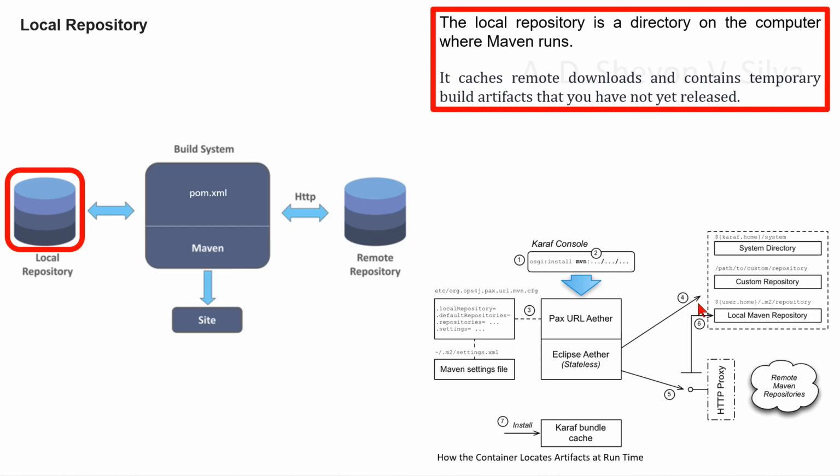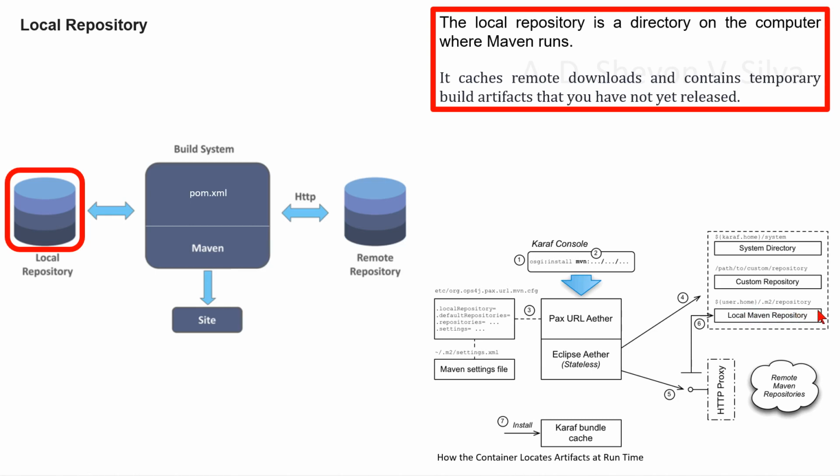Step 4. InstallDir/system, the JBoss Fuse system directory, which contains all the Maven artifacts that are bundled with the JBoss Fuse distribution, and the user's home ~/.m2/repository, the user's own local repository in the user's home directory.